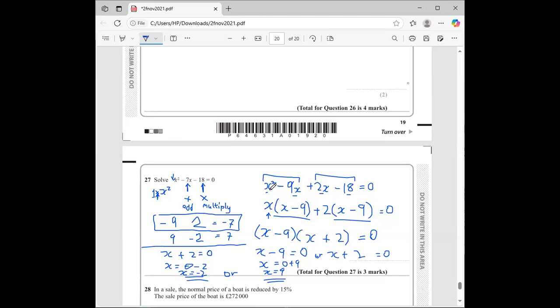The side that you must show your working from is where you have x squared minus 9x plus 2x minus 18. You must show that working. Then follow it through the process and go. At some point you can skip, for instance, the x minus 9. Just go ahead and put x equals 9, and the other one x equals -2, and you're good to go.